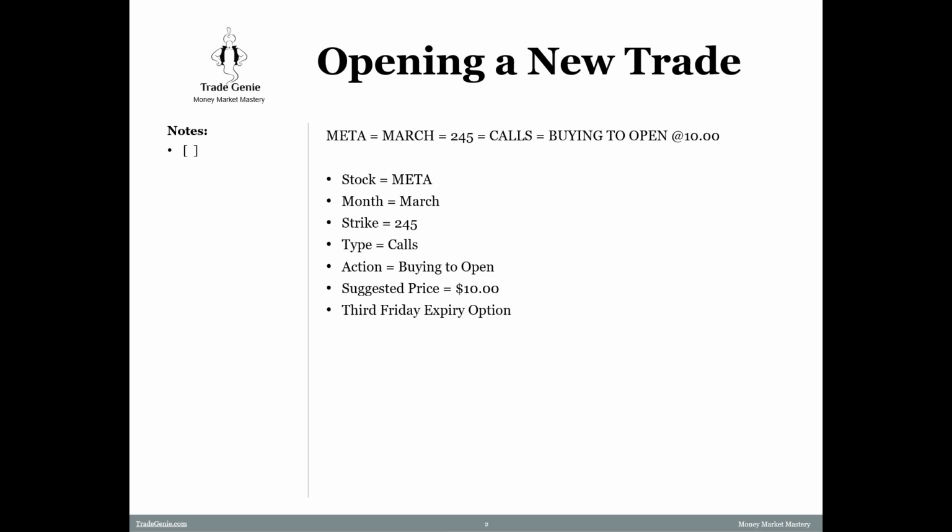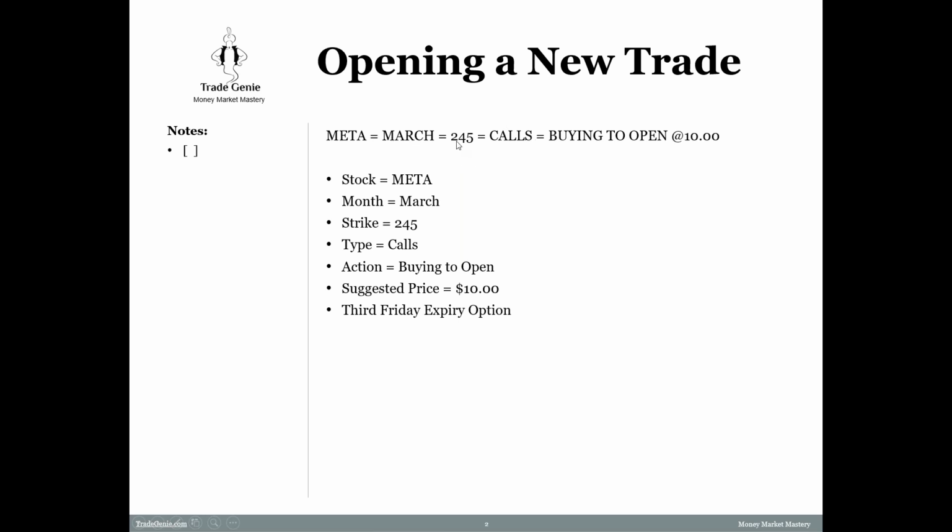Let's say Meta is trading at 247 and we are buying 245. I have a choice to buy 250 calls, or 245, or 240. So look at the decision to buy this strike.